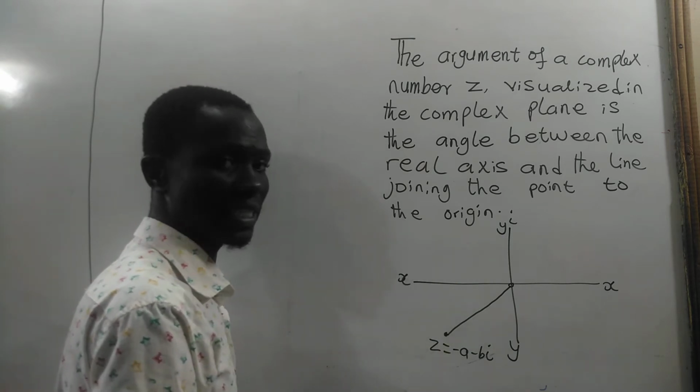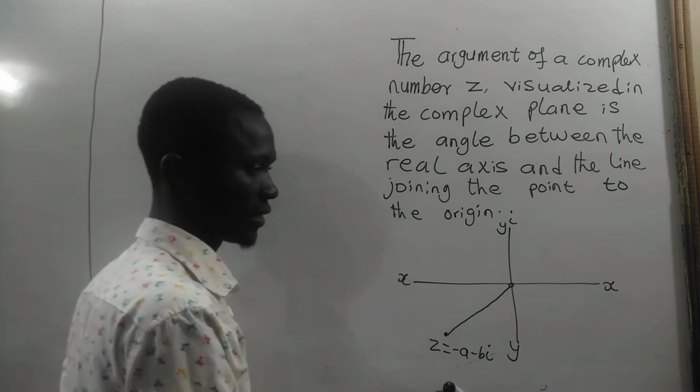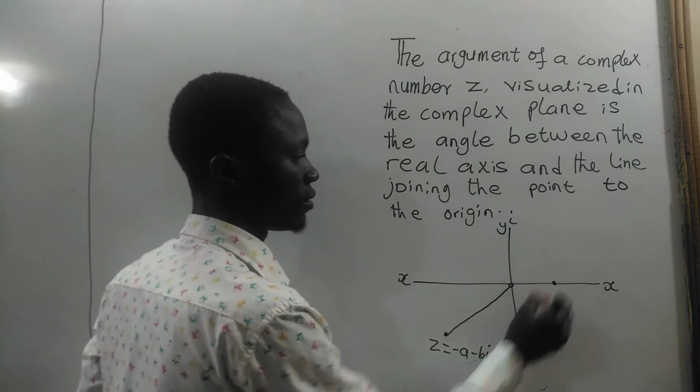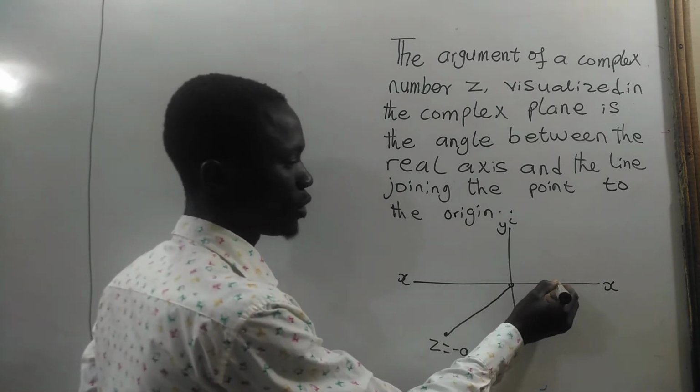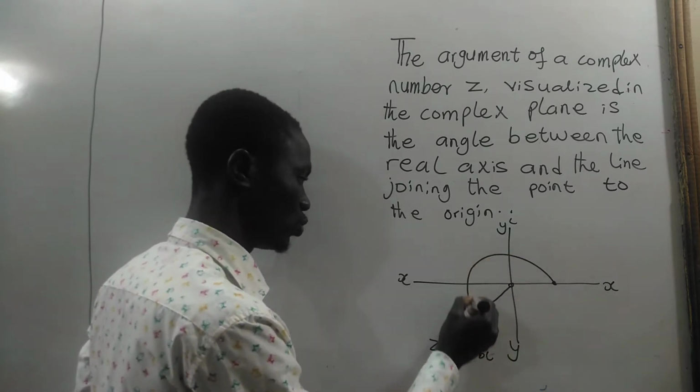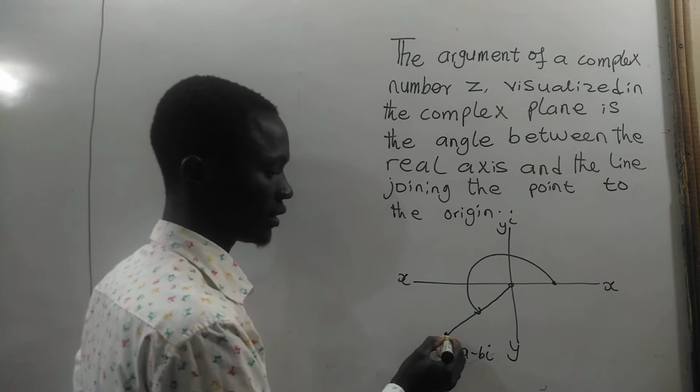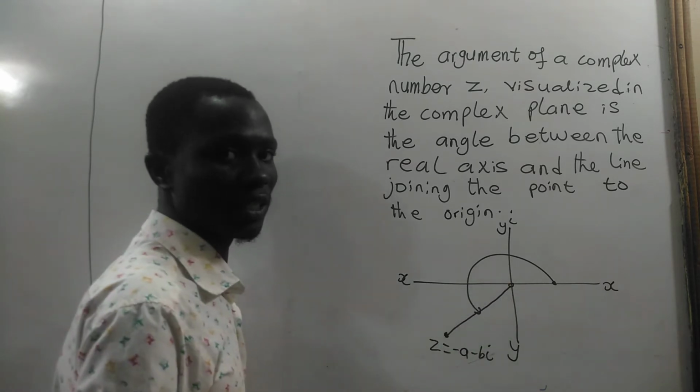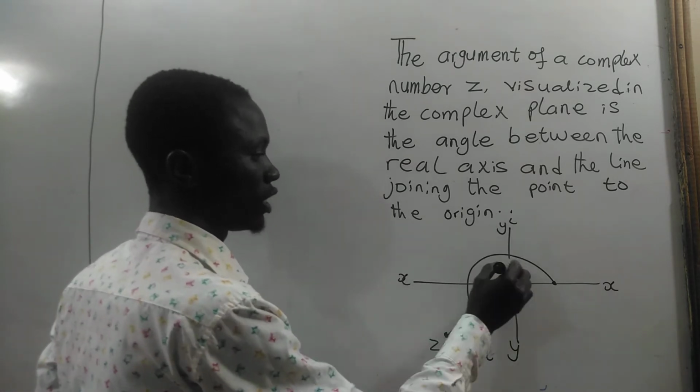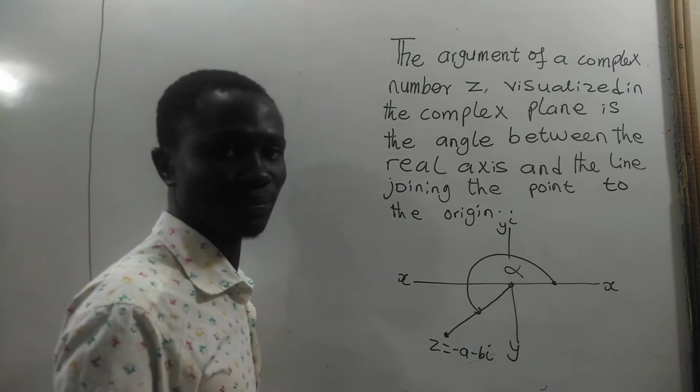Then the argument of z is the angle you measure from the positive real axis to the line joining the point and the origin. I'll denote it by alpha.